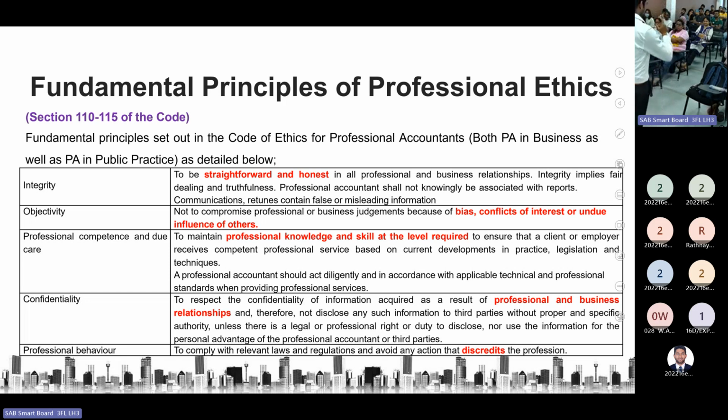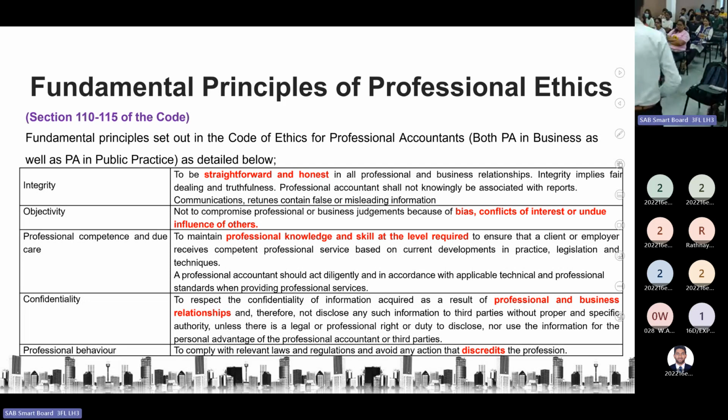So as a professional, you need to maintain the confidentiality. If you are breaching the confidentiality, it's not legal. Confidentiality means to respect the confidentiality of information acquired as a result of professional and business relationships, and therefore not disclose any such information to third parties without proper and specific authority, unless there is a legal or professional right or duty to disclose, nor use the information for the personal advantage of the professional accountant or third parties.